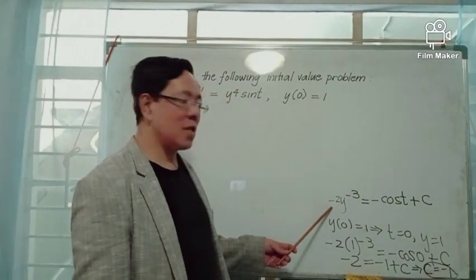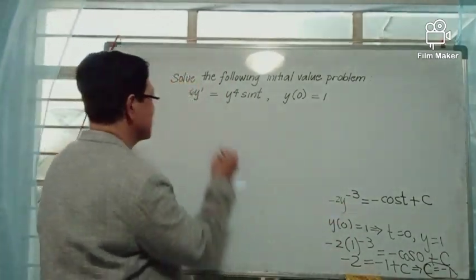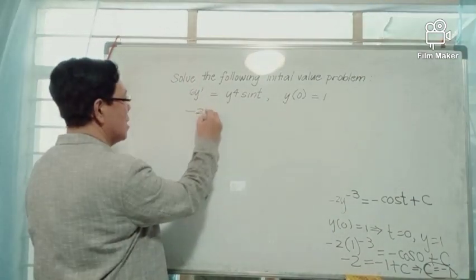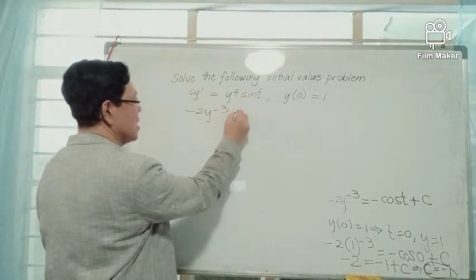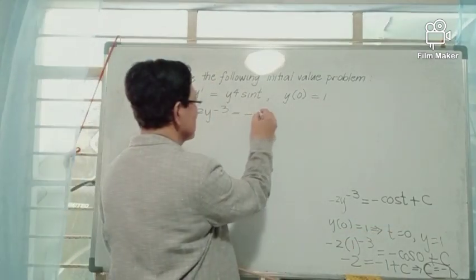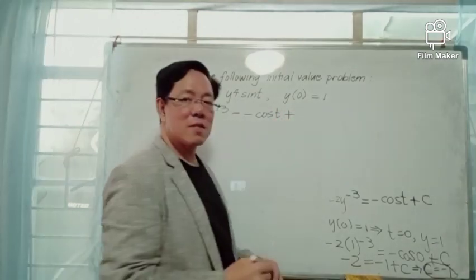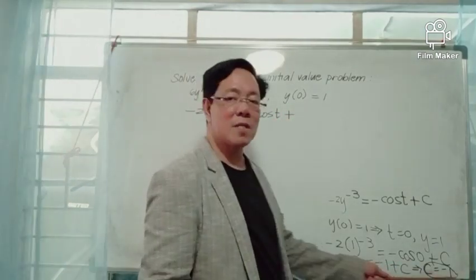Our general solution is negative 2y to the power negative 3 equals negative cosine t plus our value of c, negative 1.